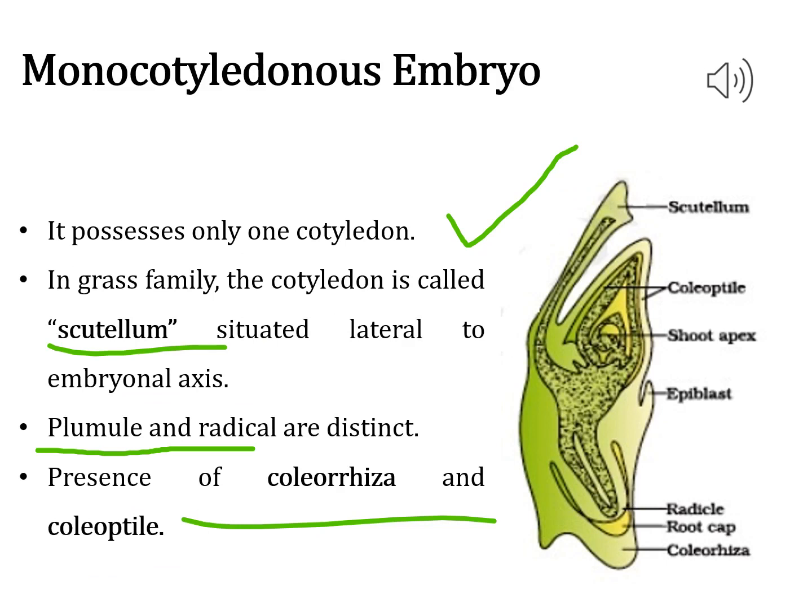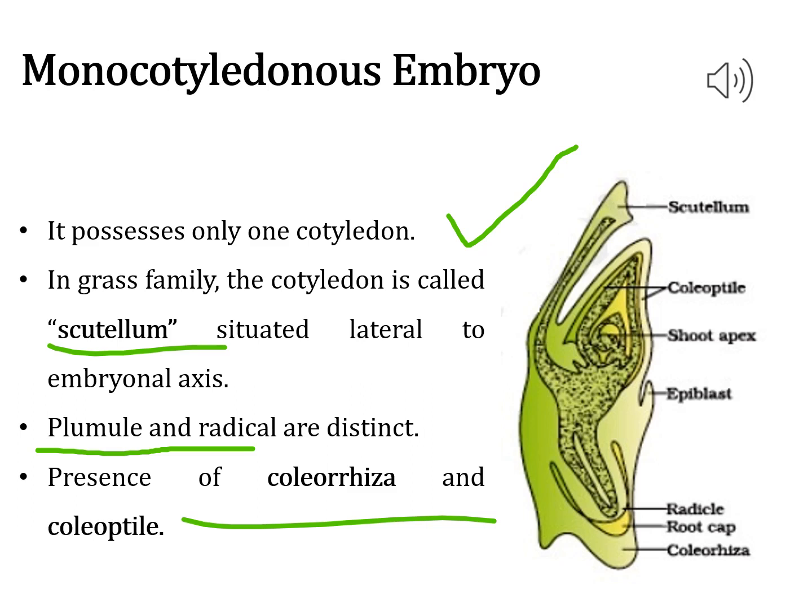Monocot embryo, or monocotyledonous embryo. They possess only one cotyledon. In the grass family, the cotyledon is called the scutellum. It is situated lateral to the embryonal axis. At its lower end, the embryonal axis has the radicle and root cap enclosed in the coleorhiza. Coleorhiza is an undifferentiated sheath.